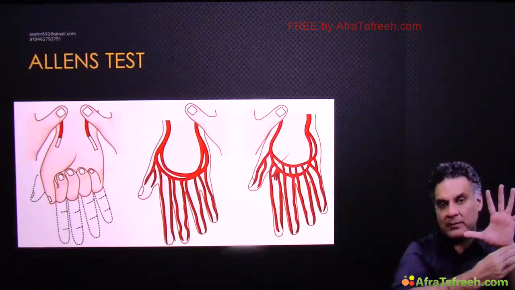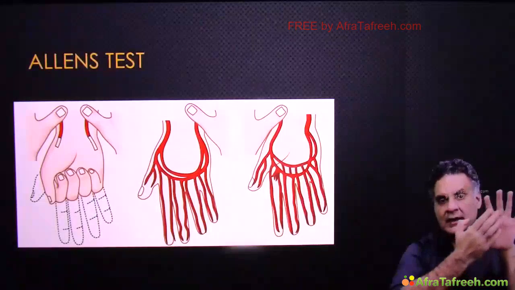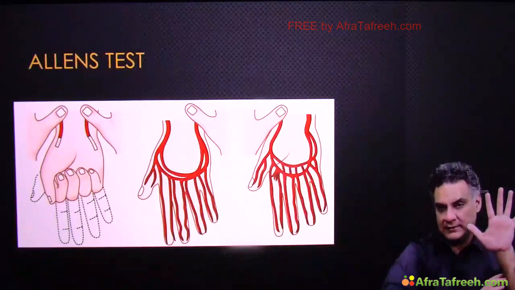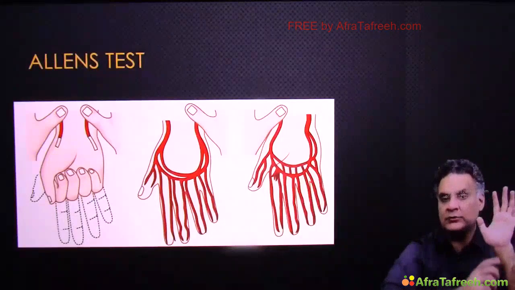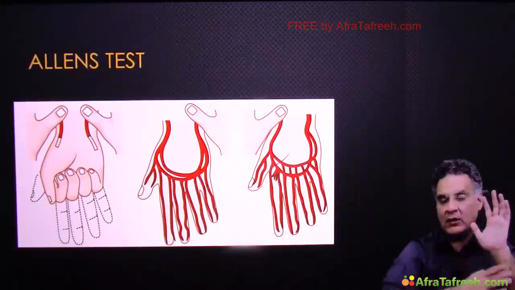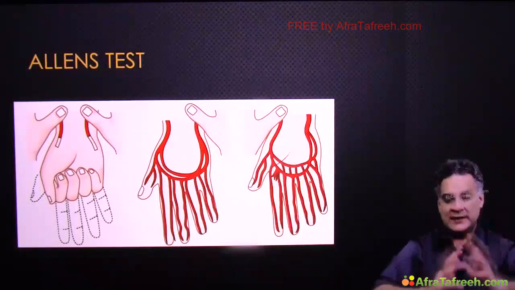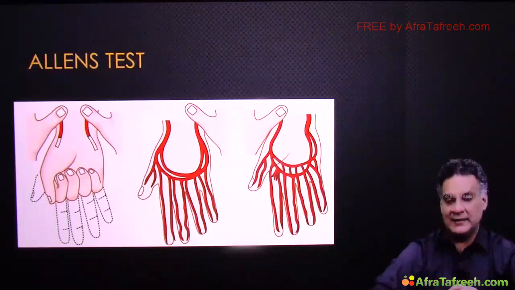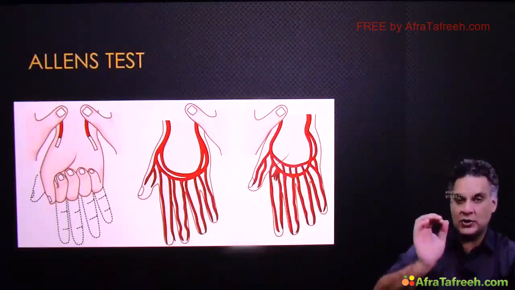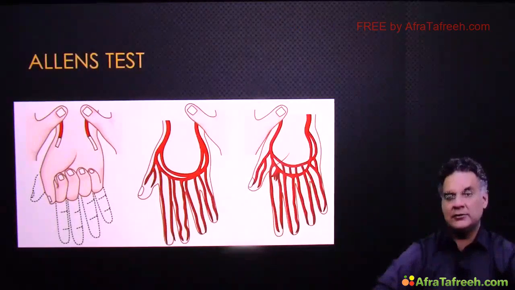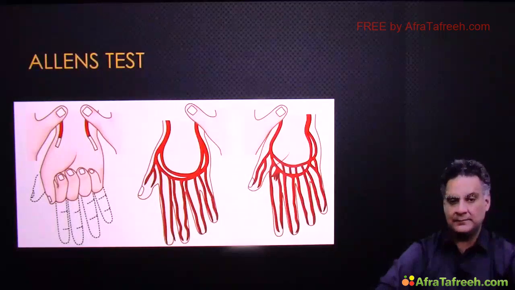If there is a problem in either of them, then the hand will not be profusely circulated. It means I can't do the cannulation or sampling from the arteries on either side. This is the Allen's test, whose video came as a short GIF in November 2019 AIIMS exam.